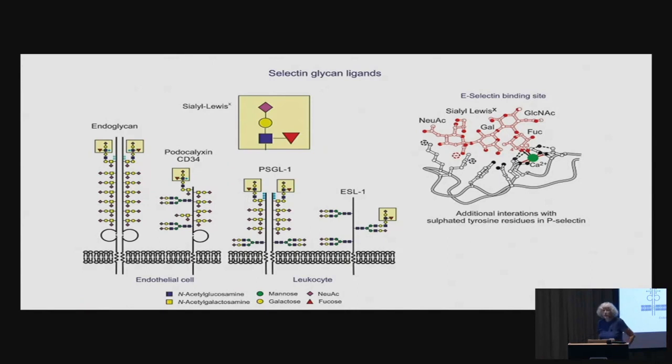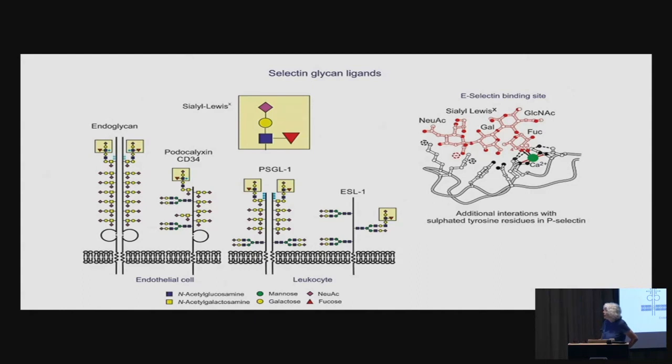They bind particularly to this sialyl Lewis X epitope, which has a sialic acid here and a fucose. These Lewis X motifs are found on a lot of different glycoproteins, but there are particular glycoprotein ligands which are recognized by the selectins.